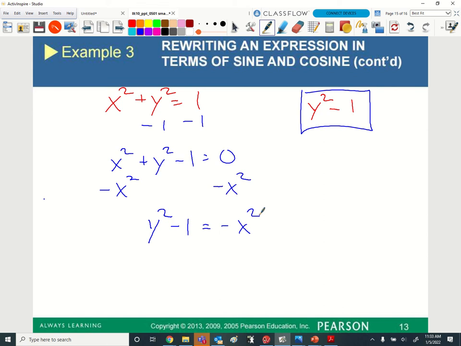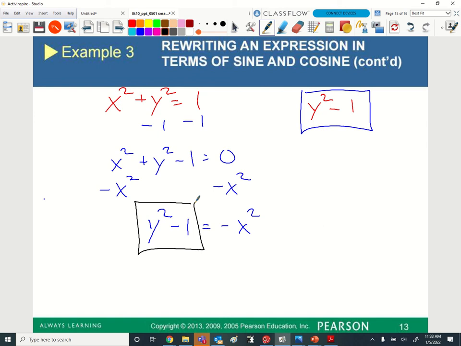So what I'm trying to do is replace this. That's also another one of those identities. So when you see that you have y squared minus 1, what can you replace that with?